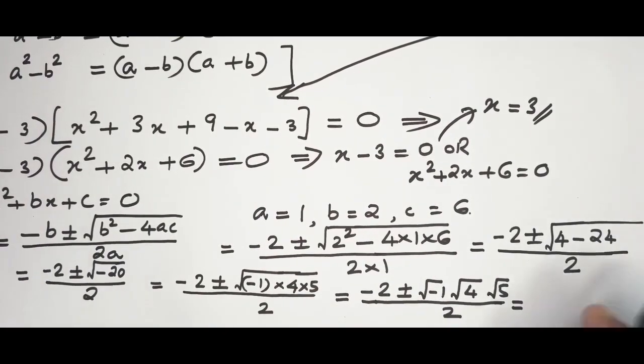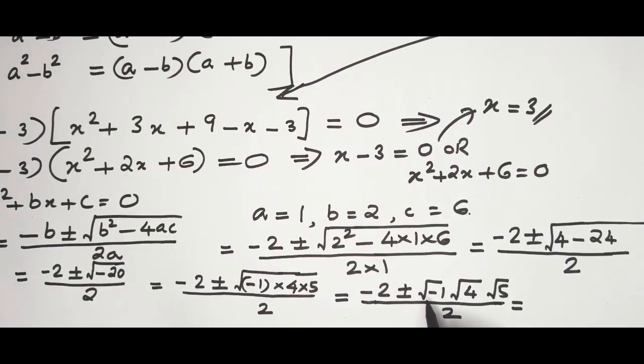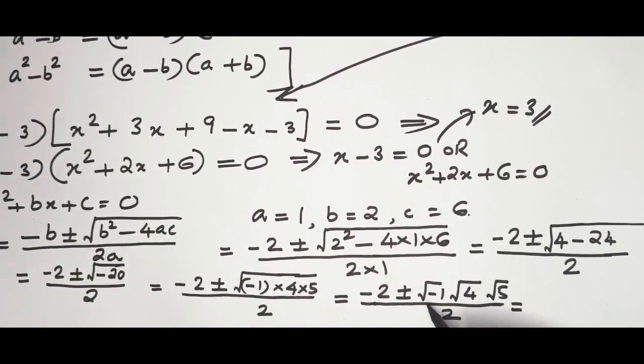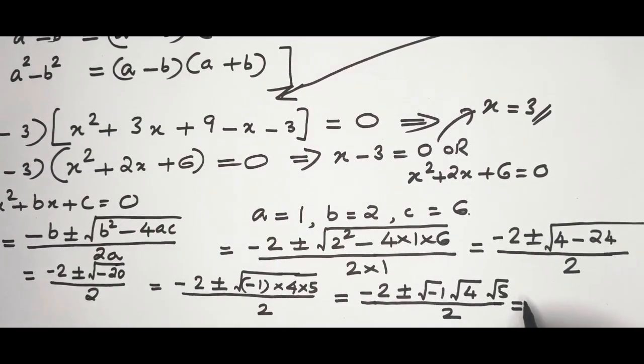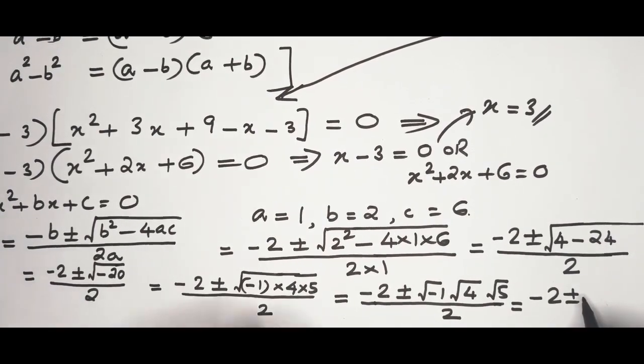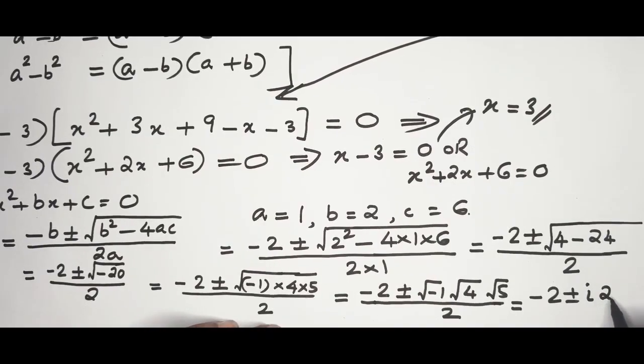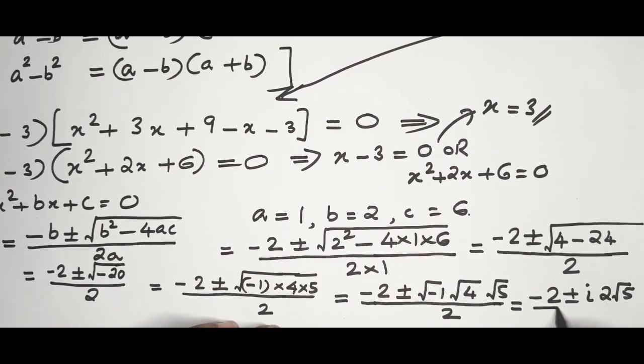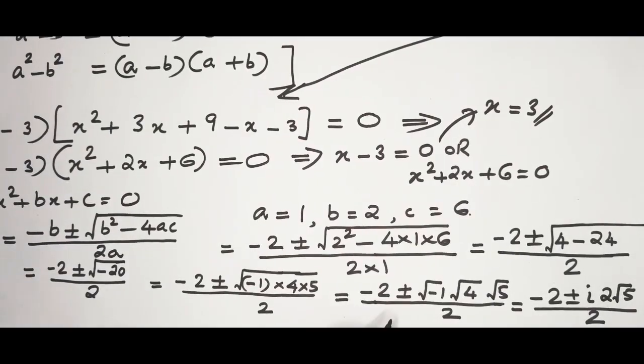This equals, see, square root of minus 1, we generally represent by i. This is an imaginary number. Okay, so you will have minus 2 plus or minus square root of 4, as you know, is 2. So you have i multiplied by 2, square root of 5, I'm writing it as it is. The whole thing divided by 2.